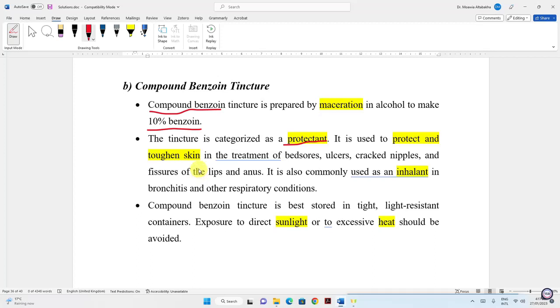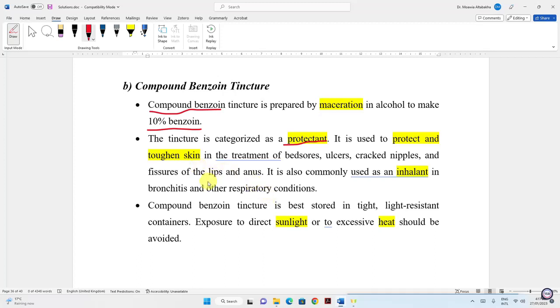For example, if you have ulcers, because some people cannot move from the bed, so they sleep on one area for a long time, causing skin ulcers and bed sores, you can apply benzoin tincture for that. Also, nursing mothers who breastfeed their babies suffer from cracked nipples, and applying benzoin tincture will heal the nipples and make them tougher.